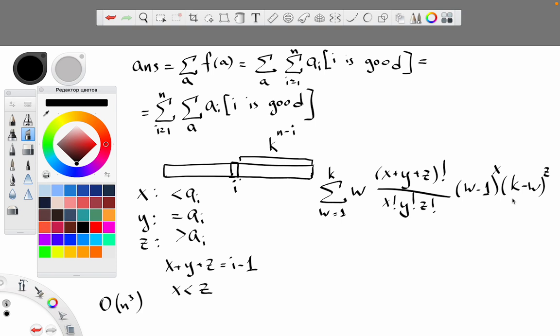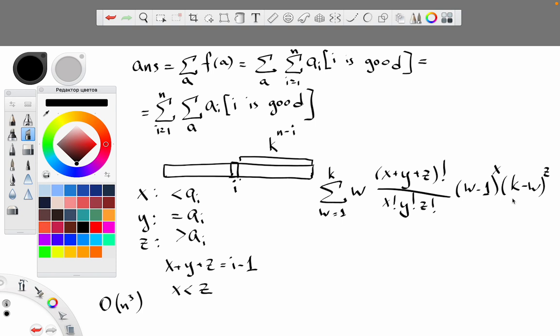Okay, so now how do we calculate this? The stupid way would be to just try all the values of k, try all the triplets of x, y, z, and just calculate the sum.